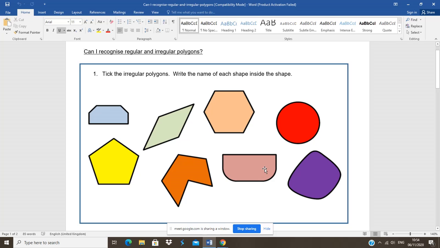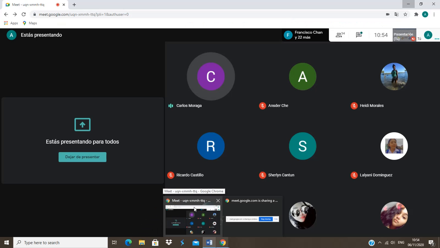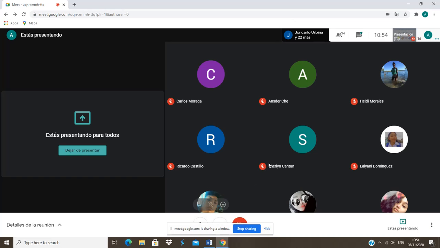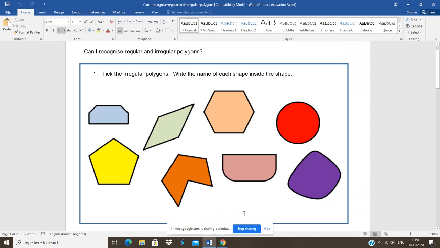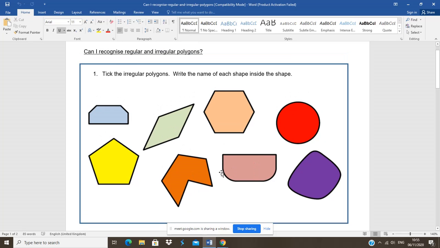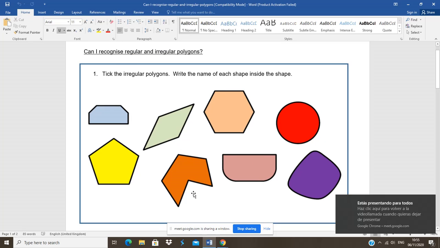So is that a polygon or not? No, exactly right. It's no longer a polygon. I see that some of you really understand the difference between regular and irregular polygons. Now let us look at the orange one.